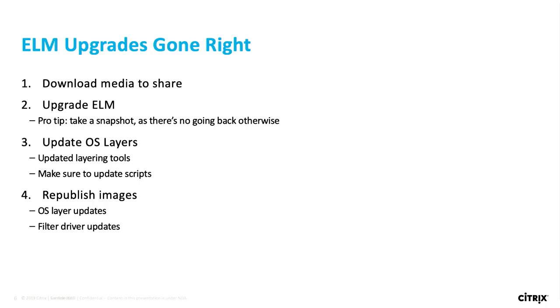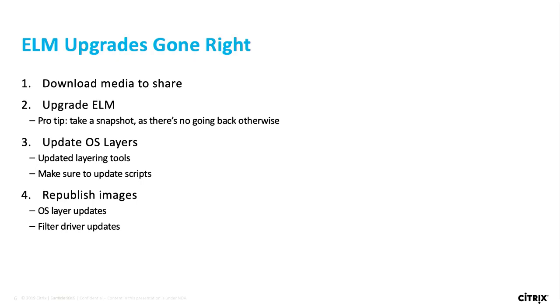So the general procedure to do this, you're going to be downloading your media to your share, going through the ELM upgrade process. One key thing to note, make sure you take a snapshot of your ELM because there's no way to go back otherwise. So make sure you do that before such that you can test everything out. And then that way, if you need to roll back, you have that as a possibility.